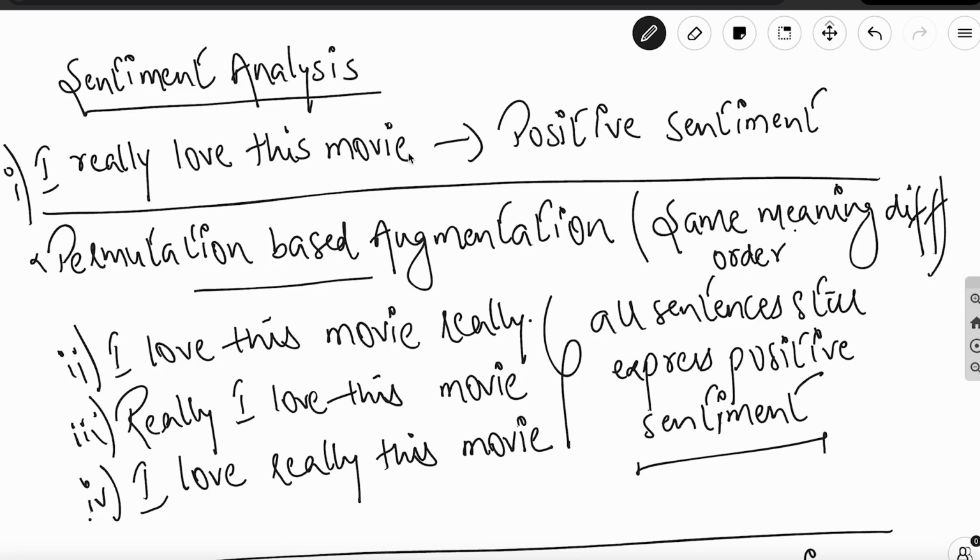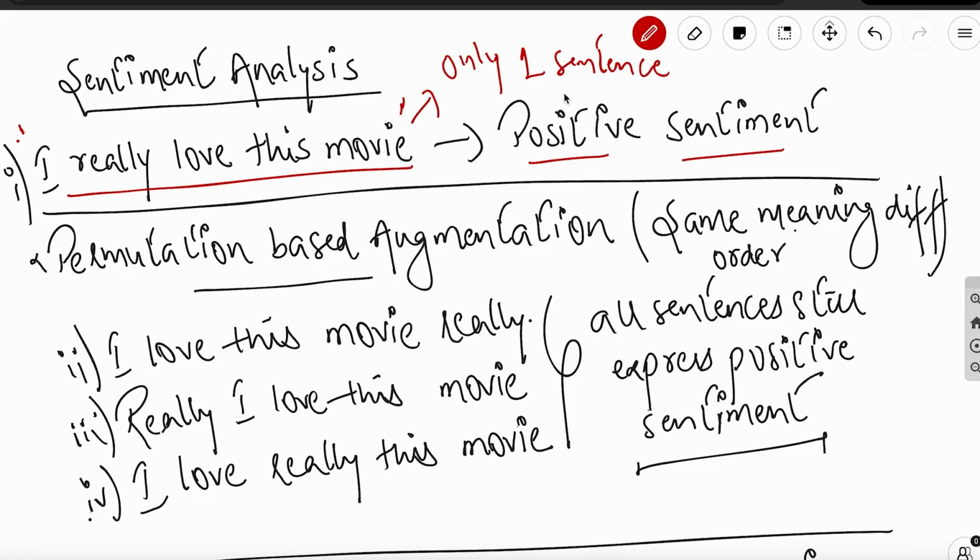Let's say I have a sentiment analysis system, okay, and let's say I have a sentence here: I really love this movie. Now this gives it a positive sentiment, okay, but the thing is my model has only this sentence. I am having only one sentence.